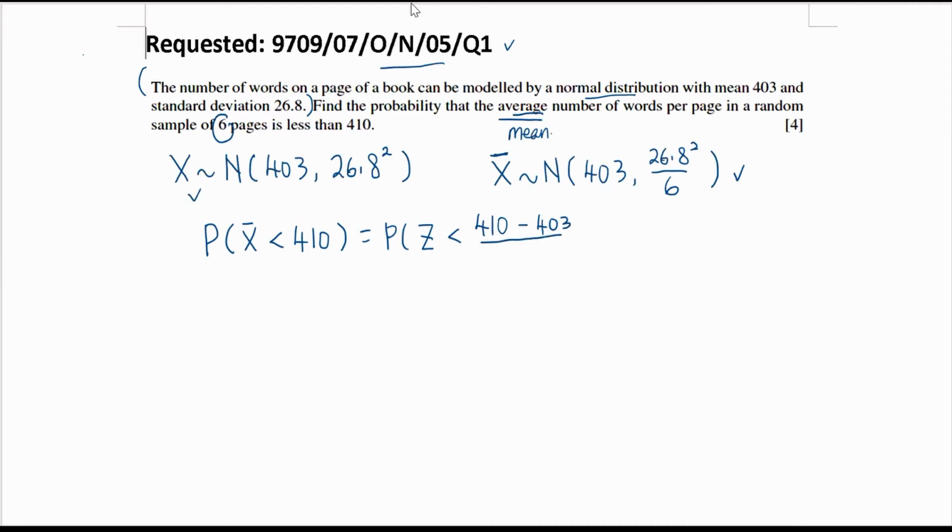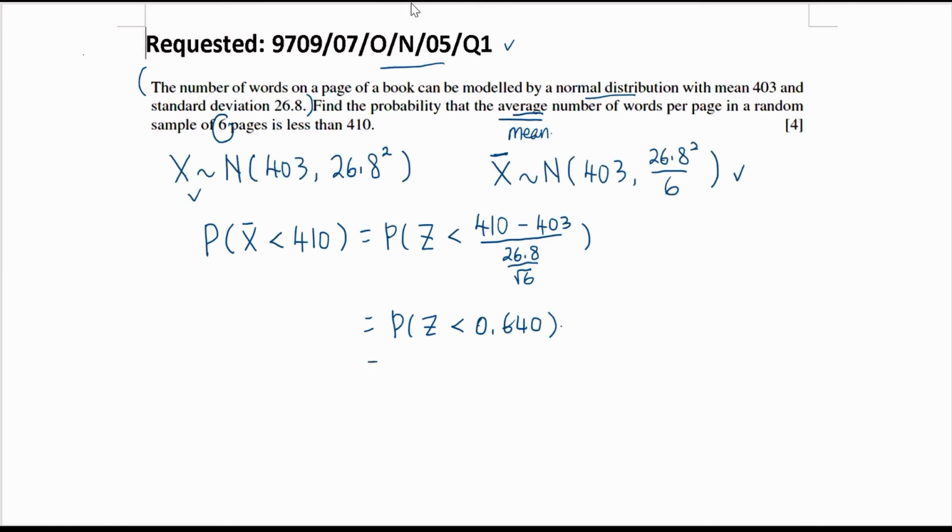You can see that 26.8 squared over 6 is supposed to be the variance, so I'm going to square root this number, and that is why I get 26.8 divided by square root 6. Press the calculator and find the value to 3 decimal places, giving us 0.640.